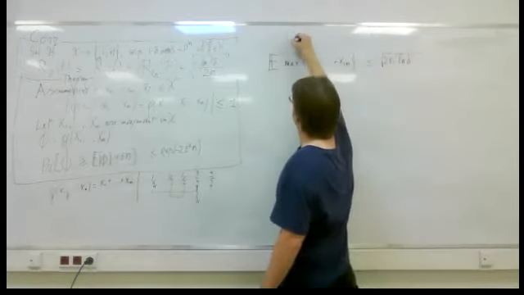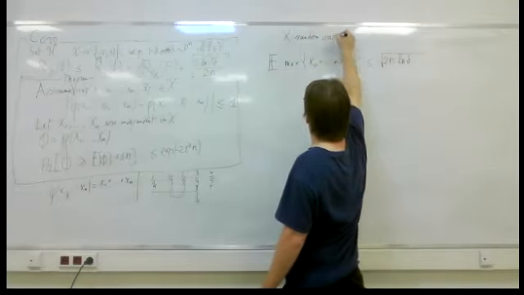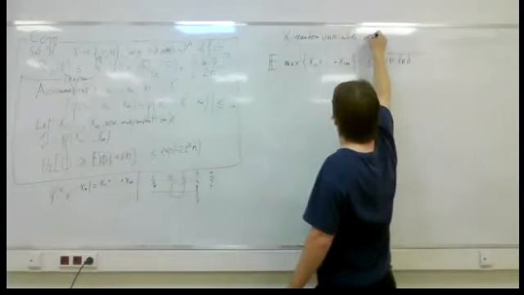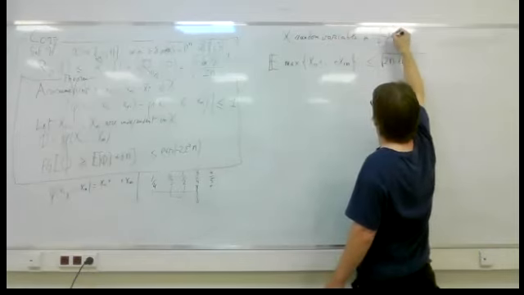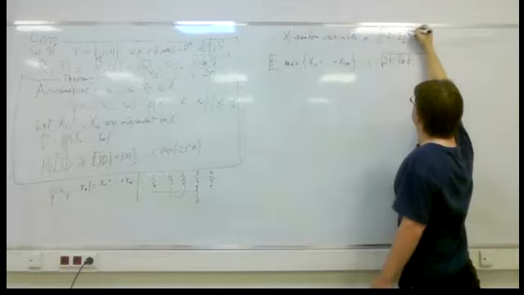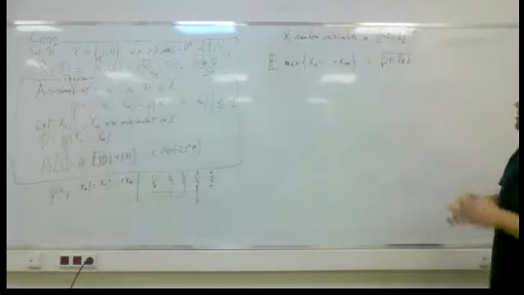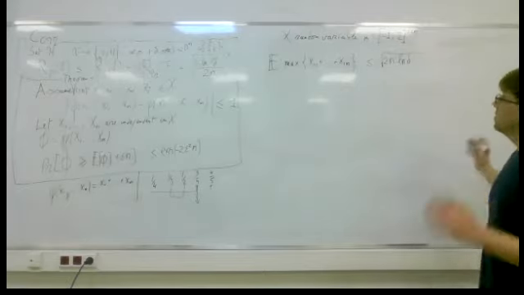So we have x, a random variable in [-1, 1] to the power d times n. So we have a random matrix with d rows and n columns.